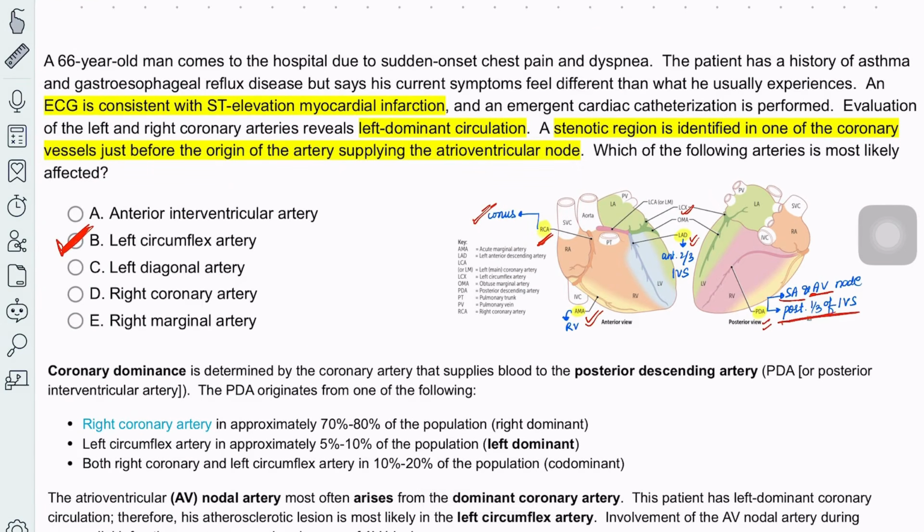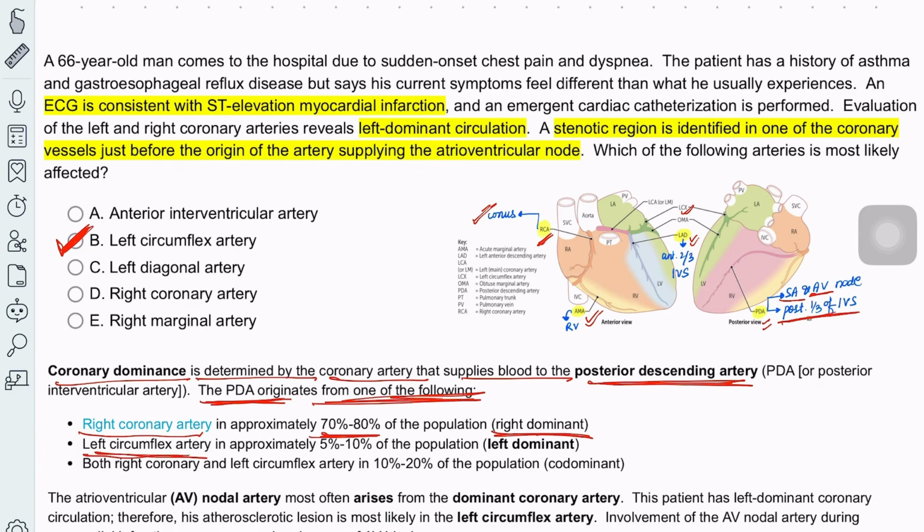So coronary dominance is determined by the coronary artery that supplies the blood to the posterior descending artery. The posterior descending artery originates from one of the following: the right coronary artery in approximately 70 to 80% of the population, so that will be known as right dominant.